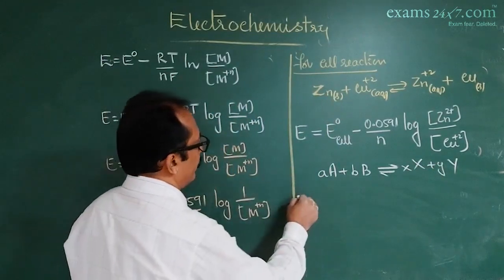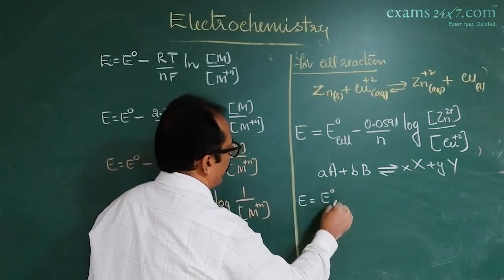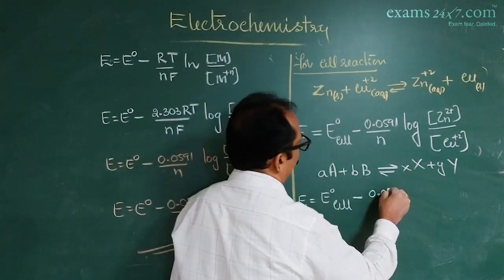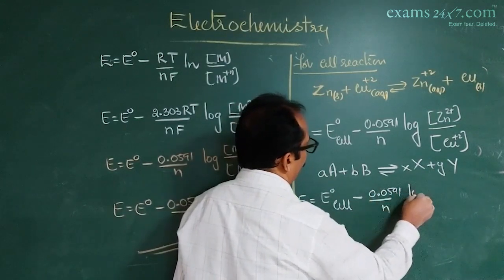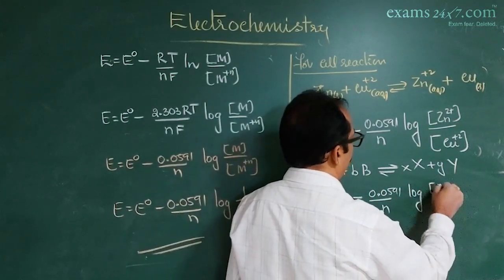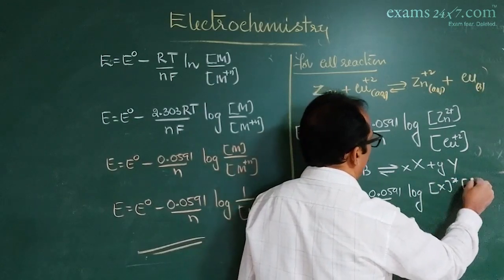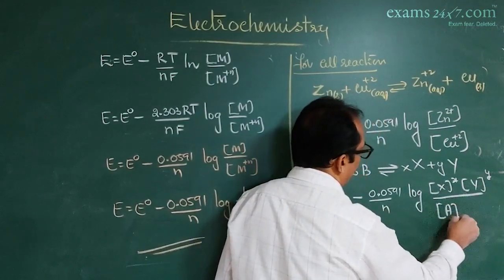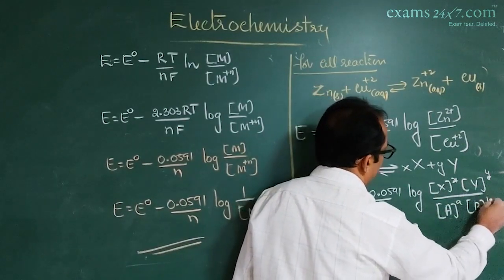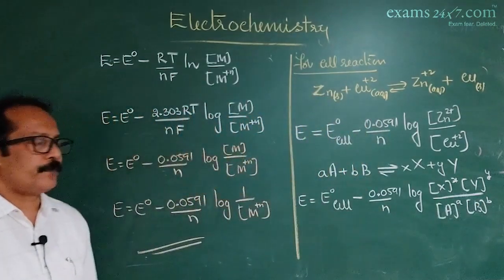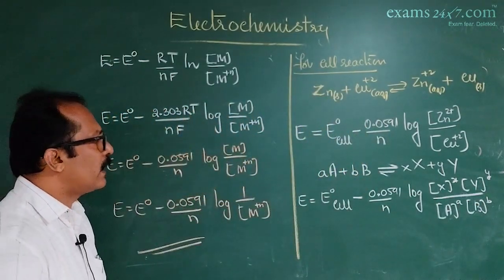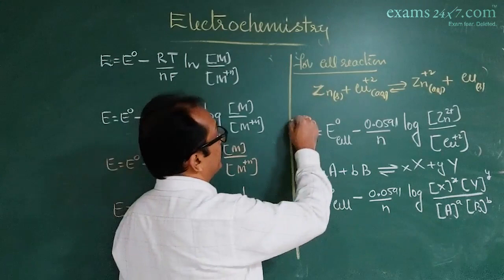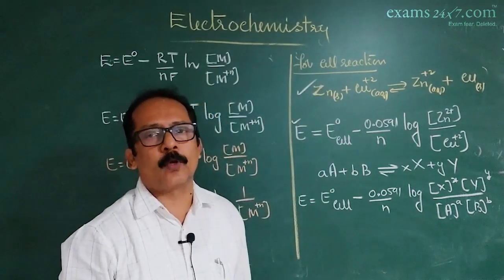In this case, E equals E naught of the cell minus 0.0591 divided by n log of the concentration of X raised to the power x, concentration of Y raised to the power y, divided by A and B raised to their powers, like this. So this is about the general representation. And always remember this form is written based on the overall reaction.